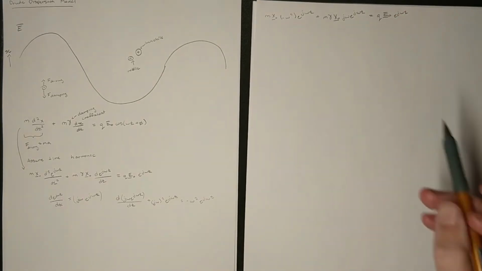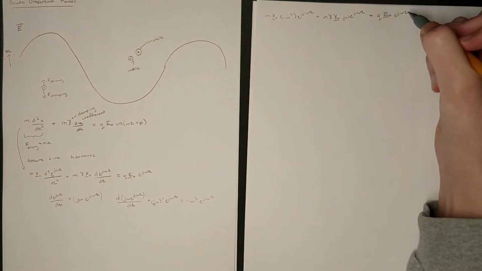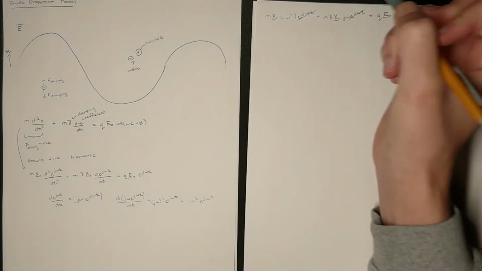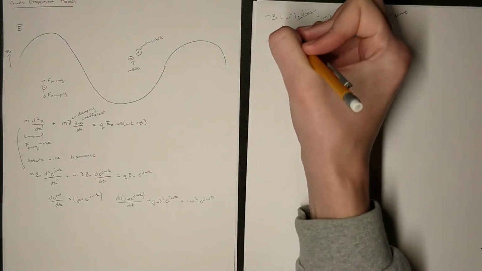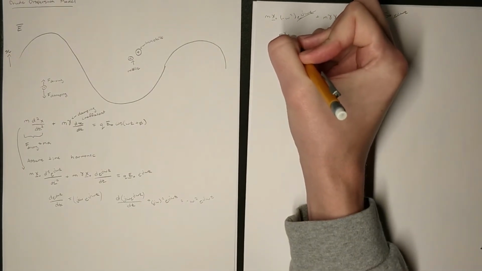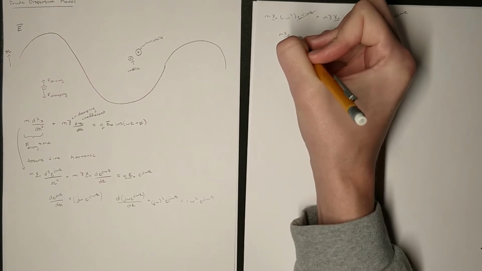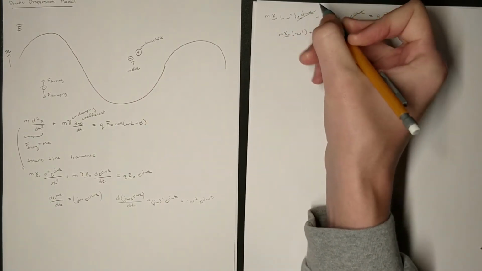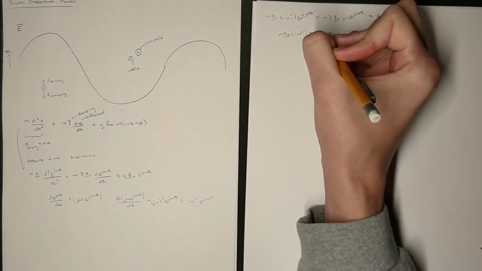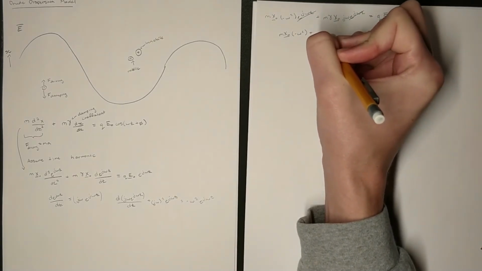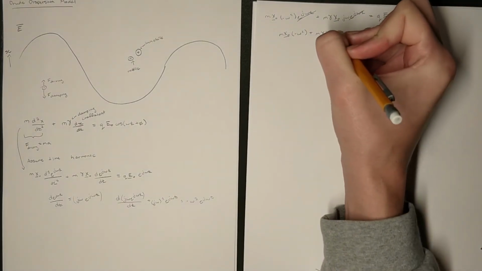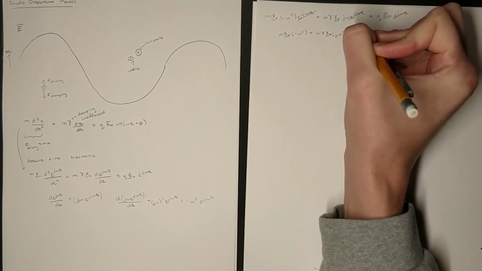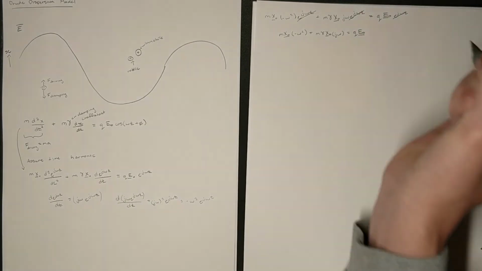Now, by looking at this equation, we see that e to the j omega t's can be cancelled as they're present on both sides, leaving us with m x naught phasor times negative omega squared plus m gamma x naught phasor times j omega, and that's equal to q E naught phasor.